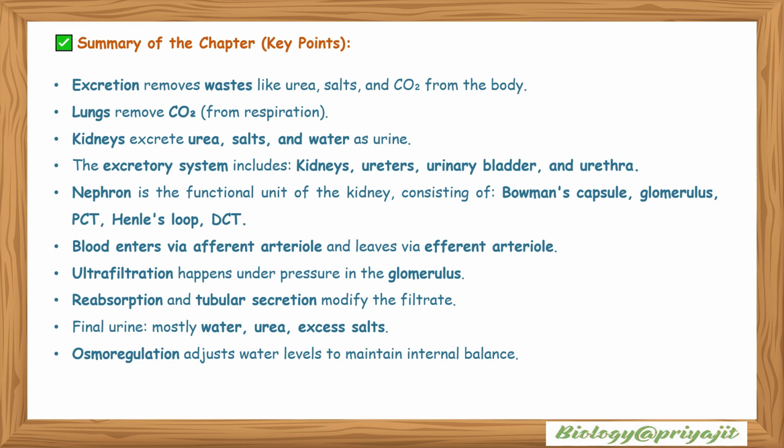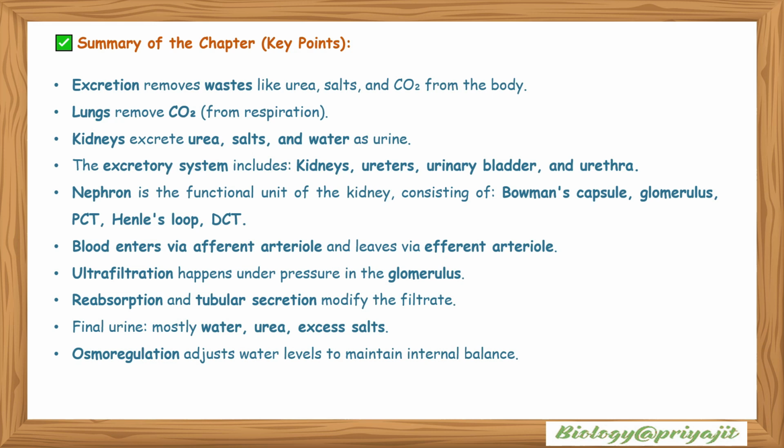So the summary of the chapter, the key points: excretion removes wastes like urea, salts and carbon dioxide from our body. Lungs remove carbon dioxide from respiration. Kidneys excrete urea, salt and water as urine. The excretory system includes kidney, ureter, urinary bladder and urethra. Nephron is the structural and functional unit of the kidney, consisting of Bowman's capsule, glomerulus, proximal convoluted tubule, loop of Henle and distal convoluted tubule.